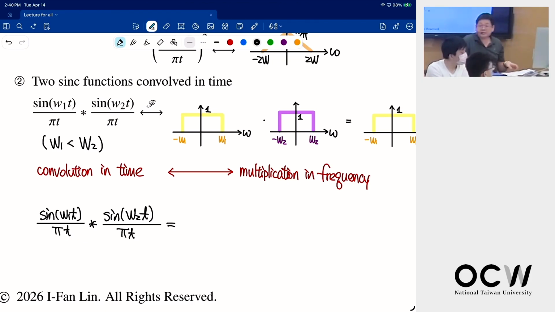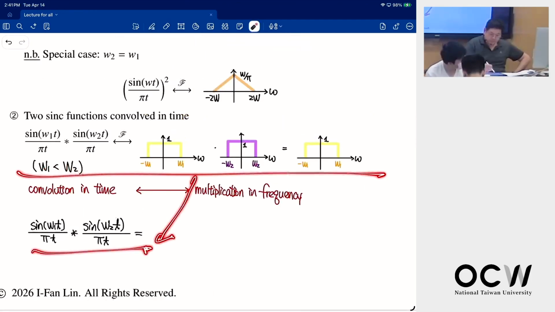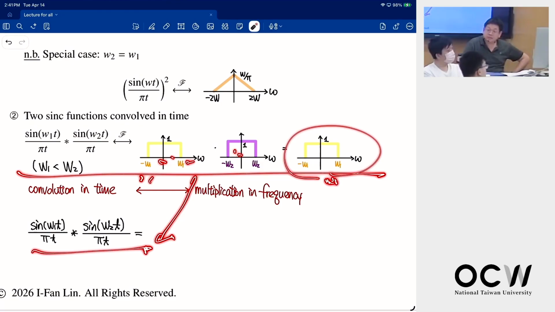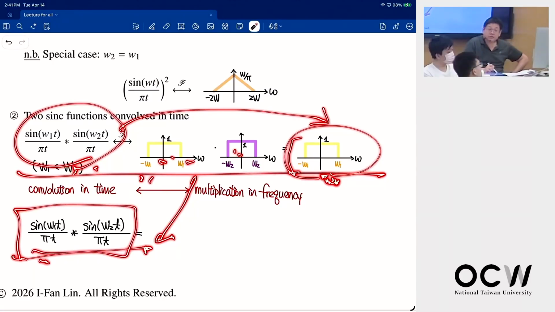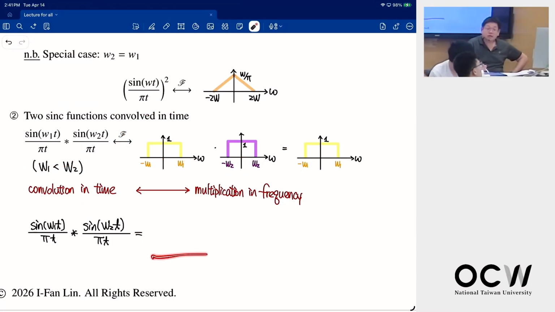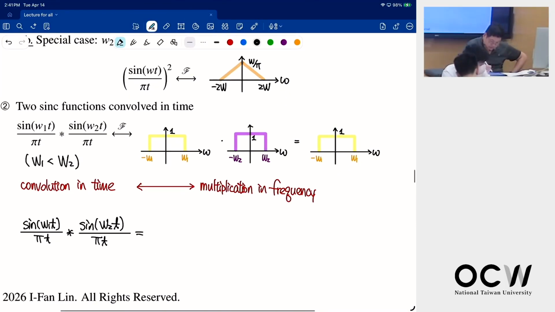Not in frequency domain, okay? I know in frequency domain, I multiply these together, I get the omega W1 rectangular pulse. So when I do the convolution in time domain, here, we get the single sinc function, W1.